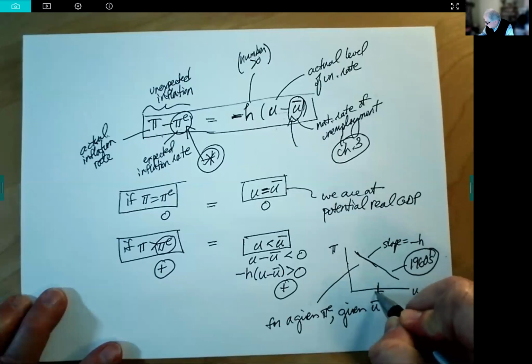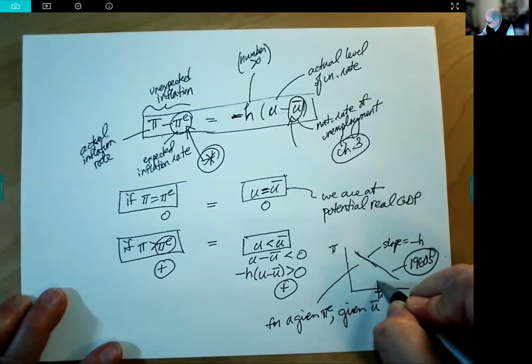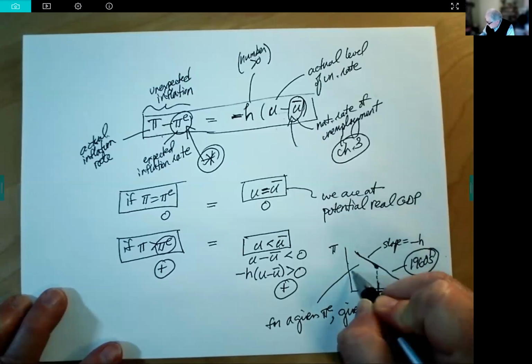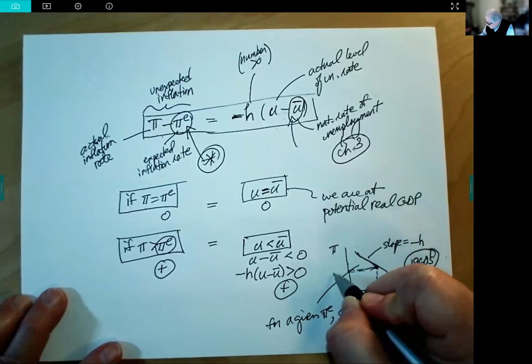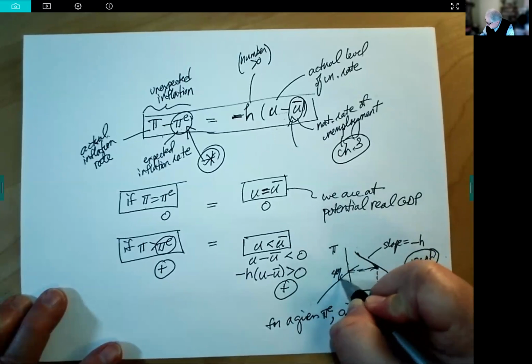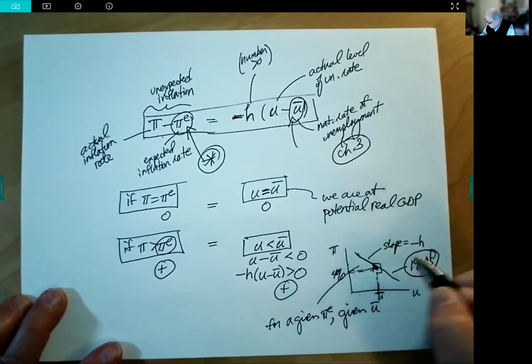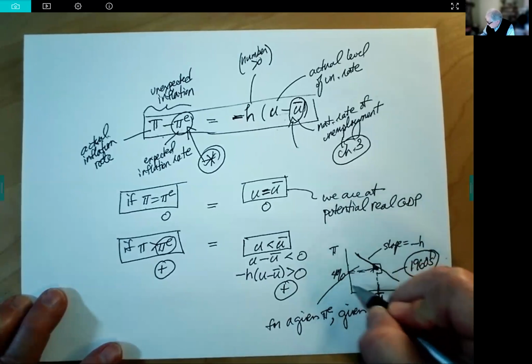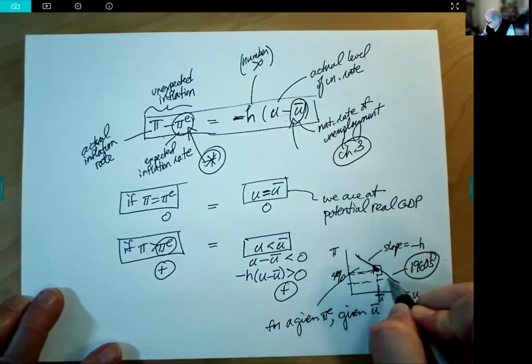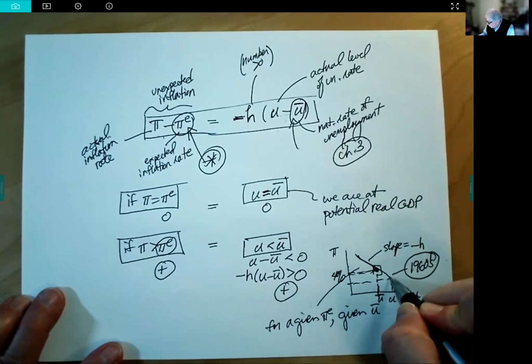So for example, if this is U bar, full employment, they would say, oh, okay, this is the level of inflation that goes with that. Maybe that's 4%, I don't know. And if we want lower inflation, we're going to have to put up with higher unemployment.